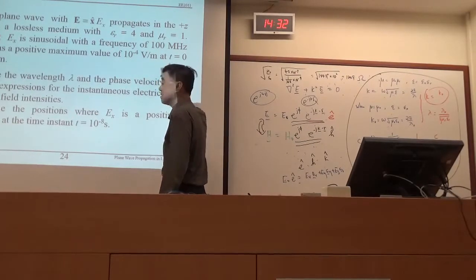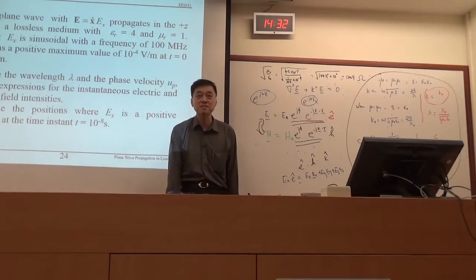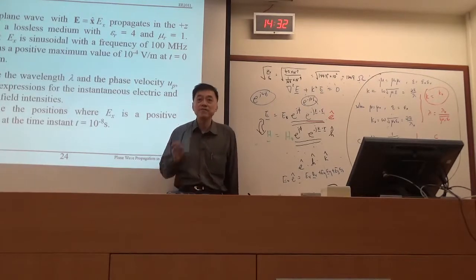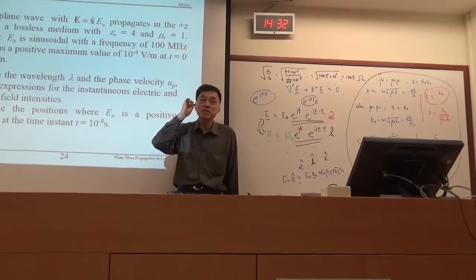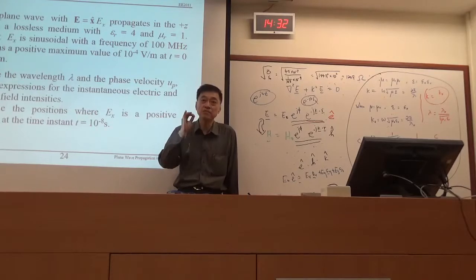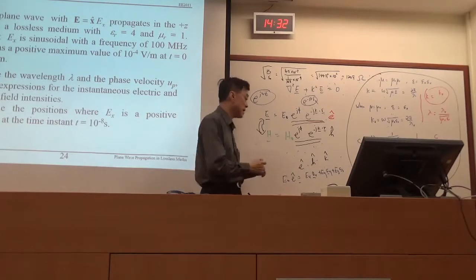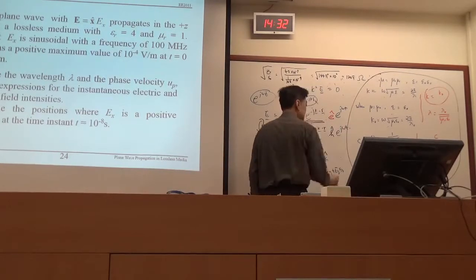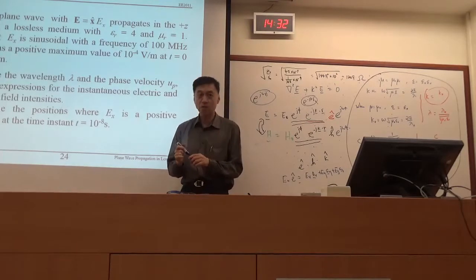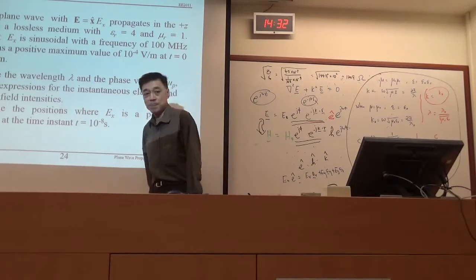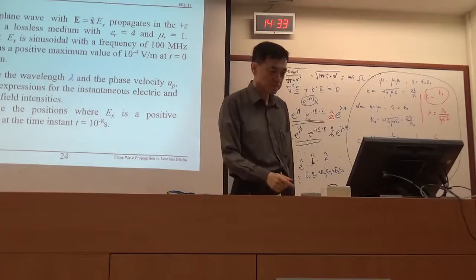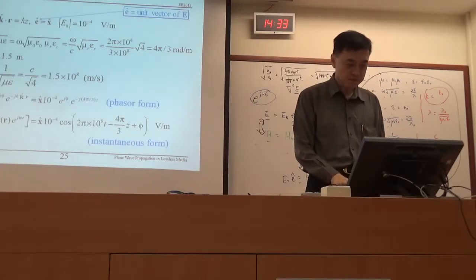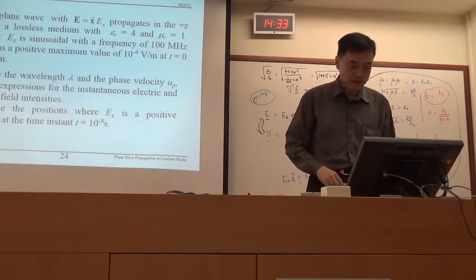When t equal to 0 comes in, if the question gives you time, then remember this one must have e to the j omega t written in. Alright, when the equations give you time.